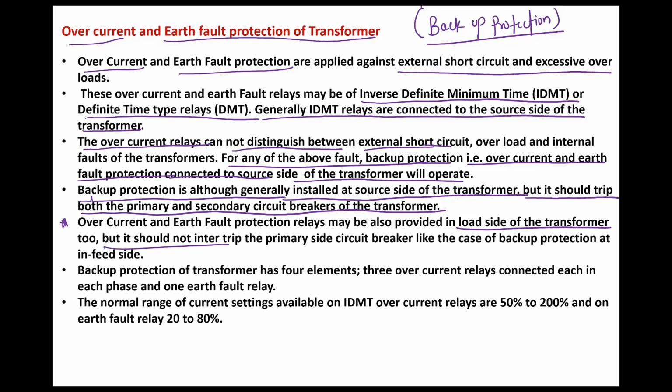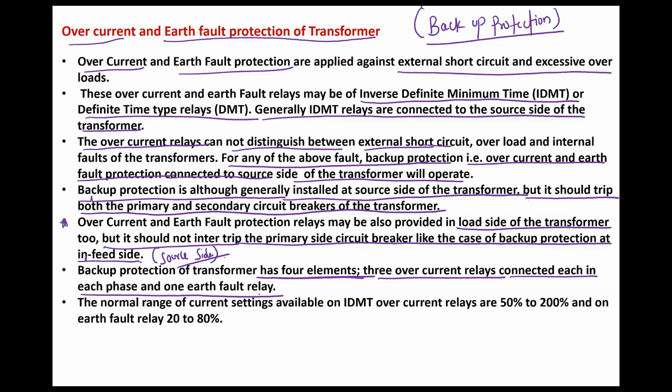It should not trip the primary side circuit breaker, as it would in the case of backup protection at the feed side. Feed side means source side. Backup protection of a transformer has four elements: three overcurrent relays and one earth fault relay.